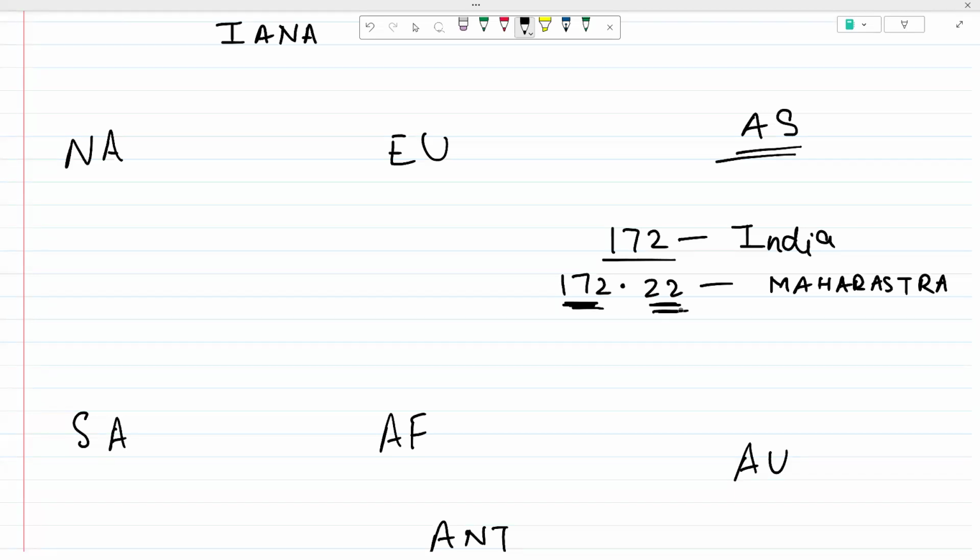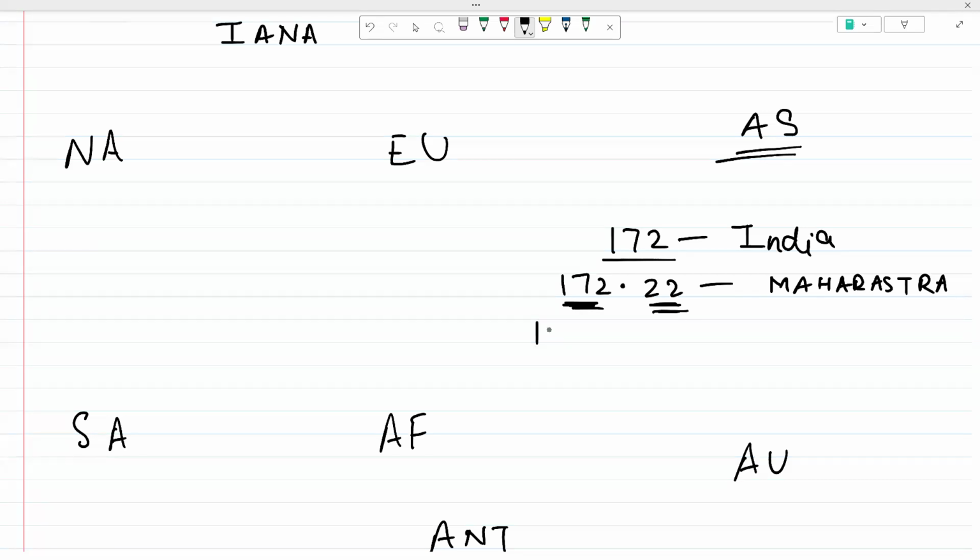Then the local service provider said for each city, we will give a different number in the third octet. Again, repeating, the local service providers said we will give different numbers in the third octet for different cities inside Maharashtra.